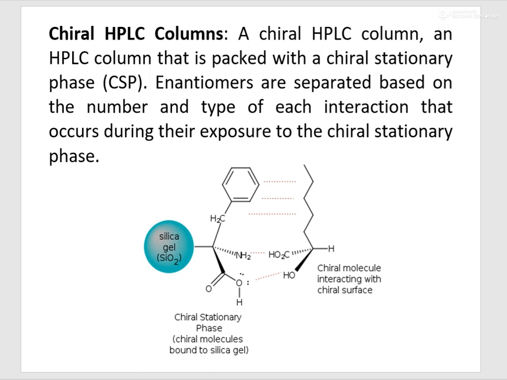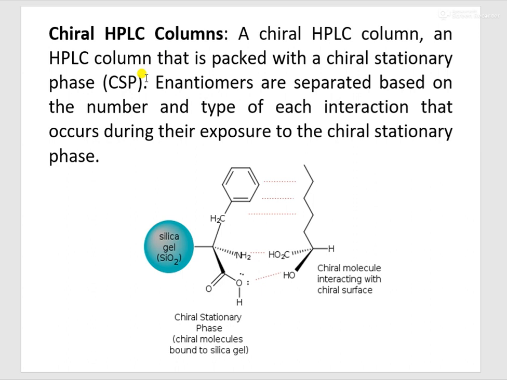The last type of HPLC column is a chiral HPLC column. A chiral HPLC column is an HPLC column that is packed with a chiral stationary phase. So here the stationary phase will be chiral. Now, what is the advantage of this chiral column?